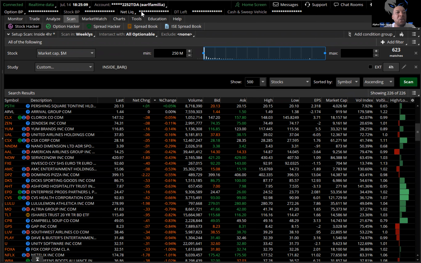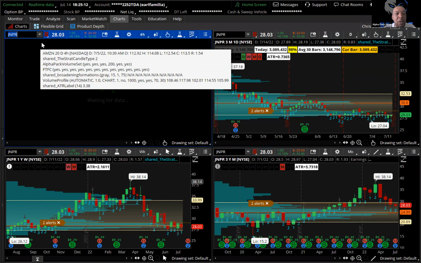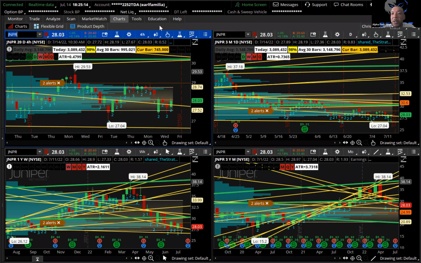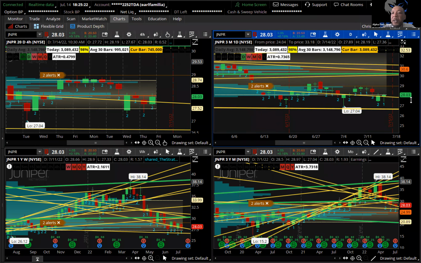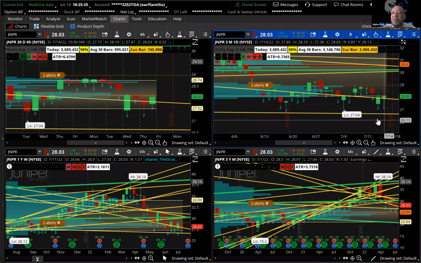So, Juniper. Juniper doesn't even have the 4-hour setup, but it has a daily setup sitting on top of the broadening formation, a hammer. Not a Momo hammer, but it's still a hammer. So I like where it sits in terms of this potential move off the broadening formation. 212 on the day, above 28.19.